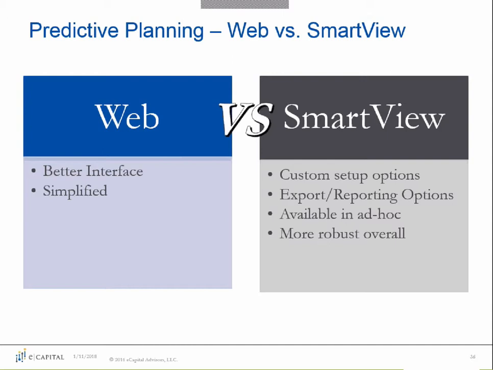If you need a little more customizable setup for your prediction options, the SmartView is the way to go. It's a little bit more robust and built out. It has those export and reporting options as well. And then it also is available in ad hoc. So if you're not limited to using a form, you can whip up a grid for whatever data points you want to predict on in ad hoc and use the predictive planning functionality with that. So that's also a benefit of the SmartView integration.